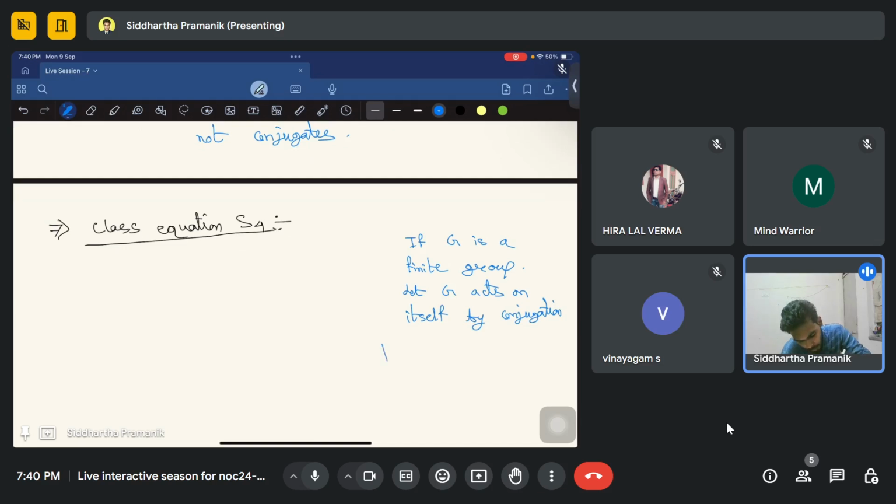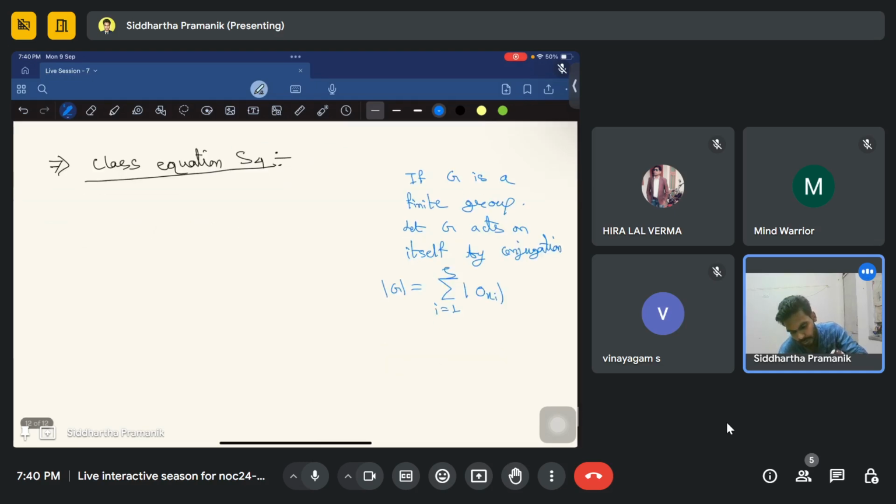Then the order of G is the sum of the orders of the distinct orbits, i equals 1 to s. This is our class equation. In the case of conjugation action, the orbits are just conjugacy classes.